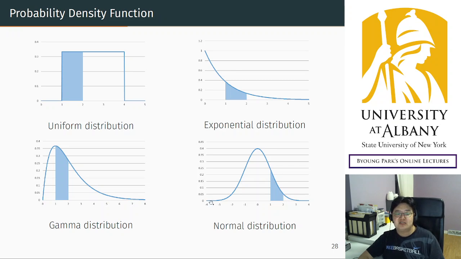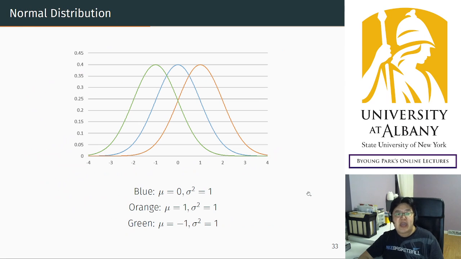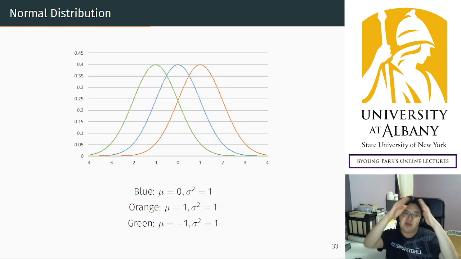So this curve is the PDF, probability density function, for the normal distribution. So any normal distribution, no matter what the parameter values are, is always bell-shaped, a bell curve.